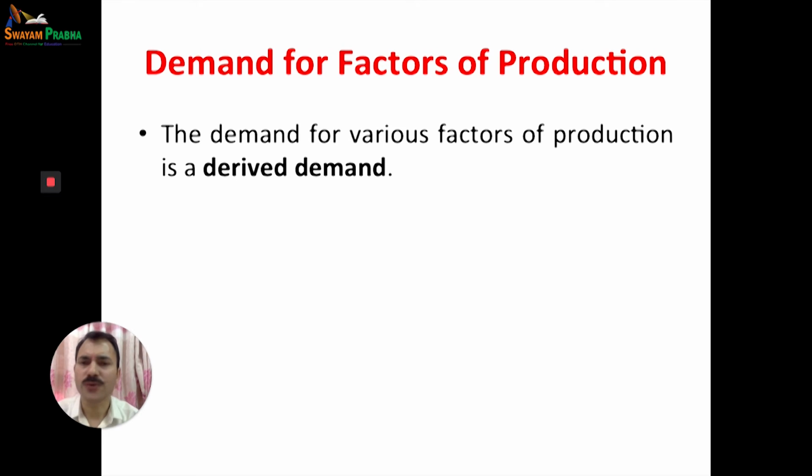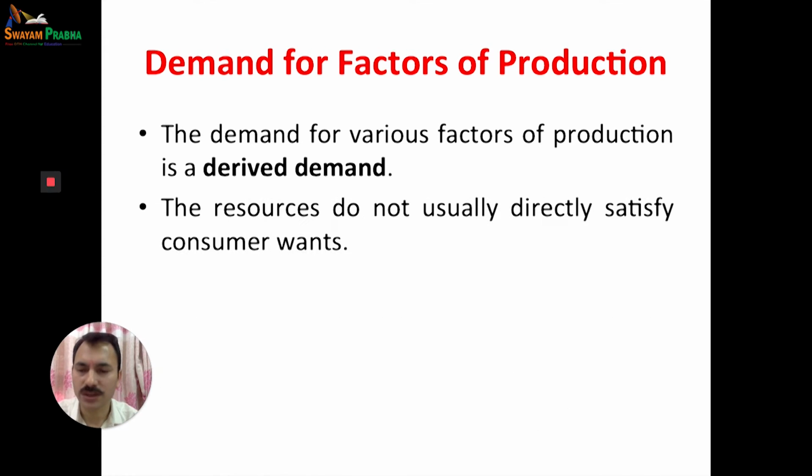So demand for factor of production, we have already studied in the previous slide, is derived demand, not direct demand. The resources do not usually directly satisfy consumer wants. We do not consume the resources, the factors of production, directly, whereas in the case of a commodity we consume directly and it satisfies our wants directly.